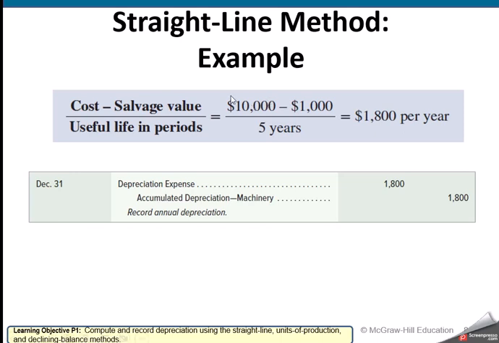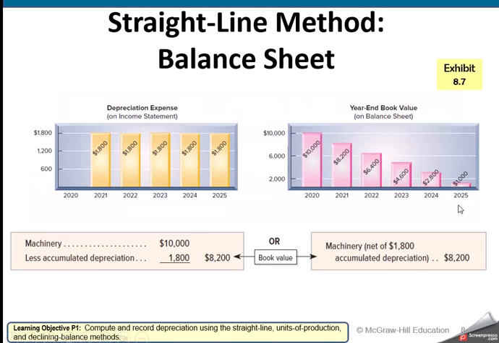So straight line, we take our cost minus our salvage value and divide it by our useful life. So we're going to charge off to depreciation expense $1,800 each year on this particular asset. So as we do our adjusting entries, we debit depreciation expense $1,800 and we credit accumulated depreciation machinery $1,800.